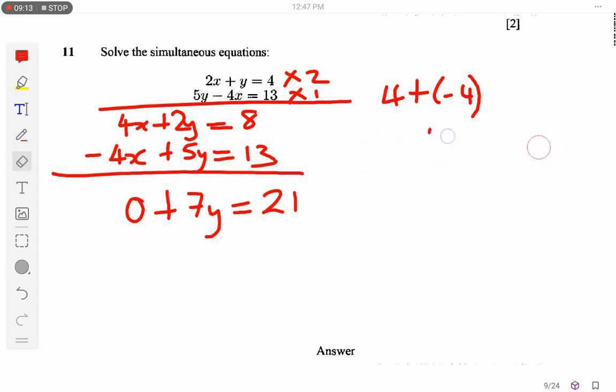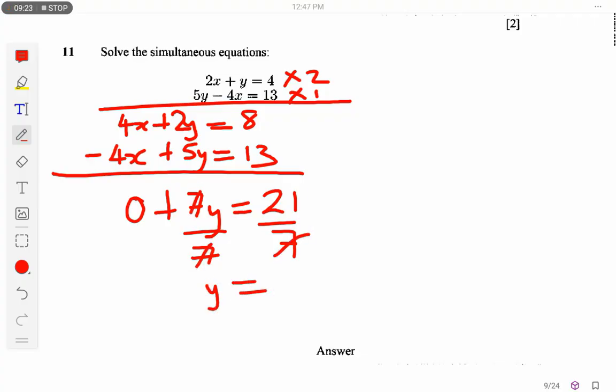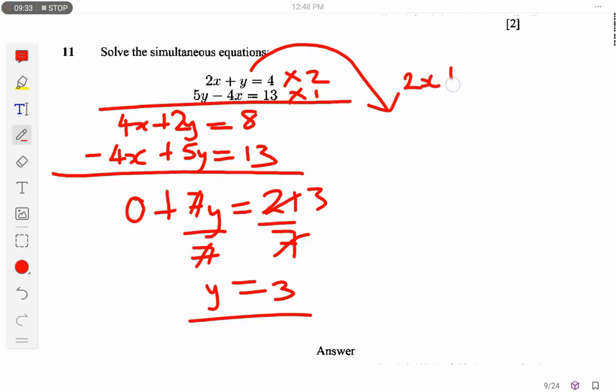Okay, let's move on. So now 7y is equal to 21. I can divide both sides by 7, so my y is equal to 21 divided by 7, that's 3. Let's find the value of x. I can use the first equation, 2x plus y is equal to 4.